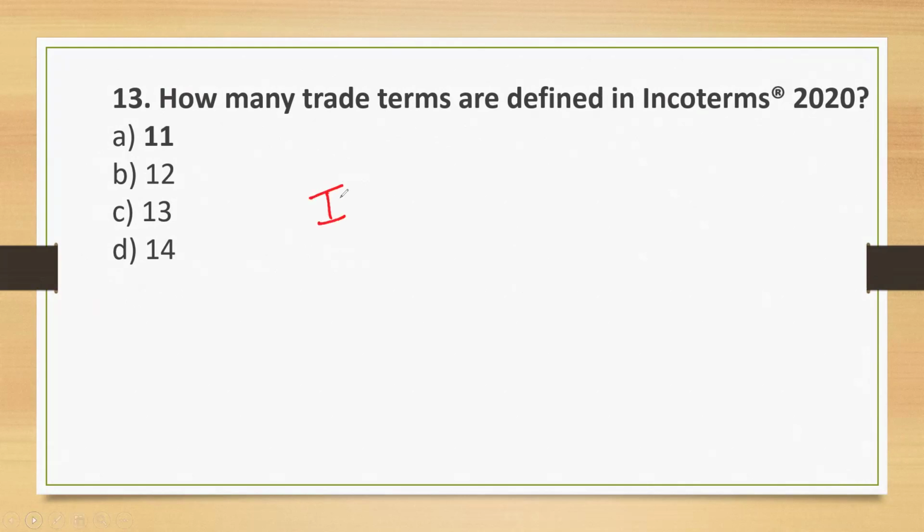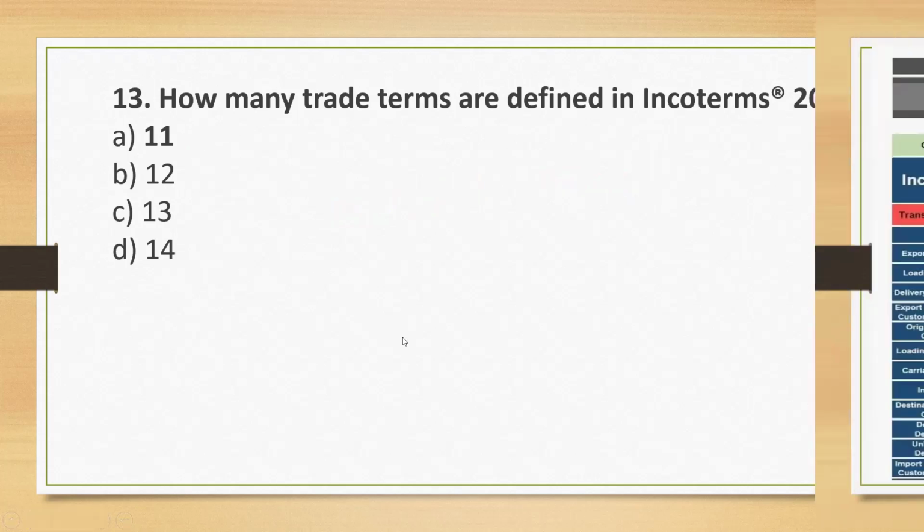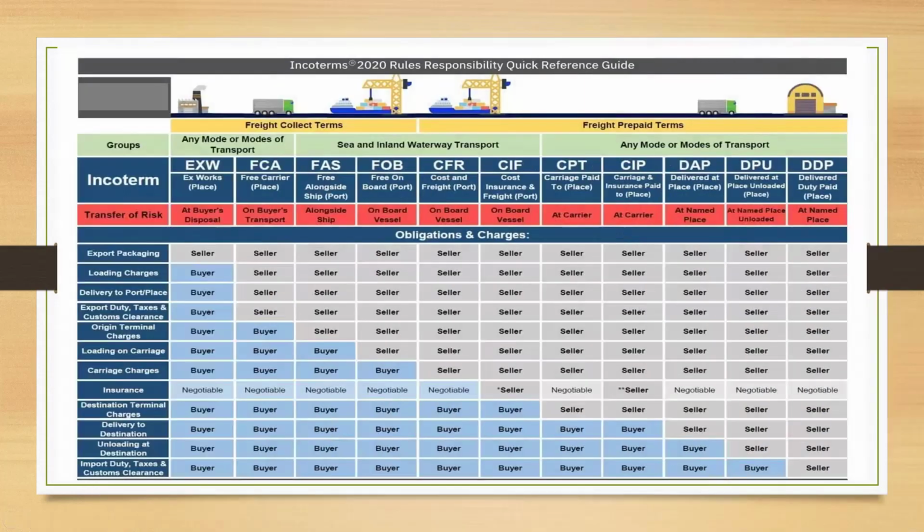If you understand the Incoterms, they will give you approximately 5 marks in the exam. This is a basic question of how many terms there are, but which terms they are, you should know by heart. Okay, so let's see which Incoterms are there.